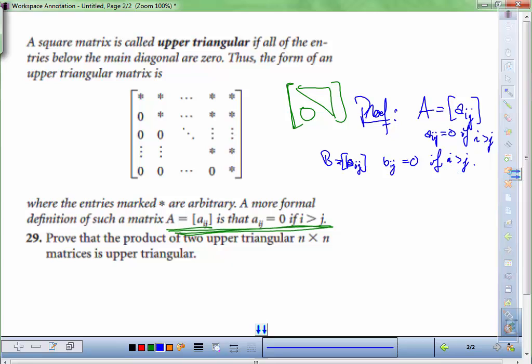And I think I might need this visual to help me out here. So this is A11, A12, dot, dot, dot, A1n. A22, A2n, and then zeros down here, Ann.